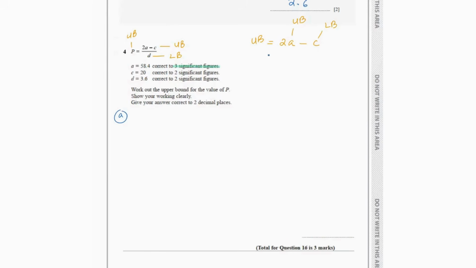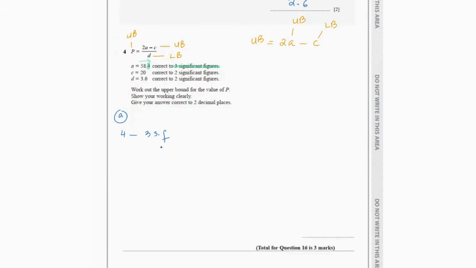So for 58.4, our third significant figure is 4. 5 is the first significant figure, 8 is the second, 4 is the third. You always start counting your significant figures from left to right, not right to left. So 4 is our third significant figure.